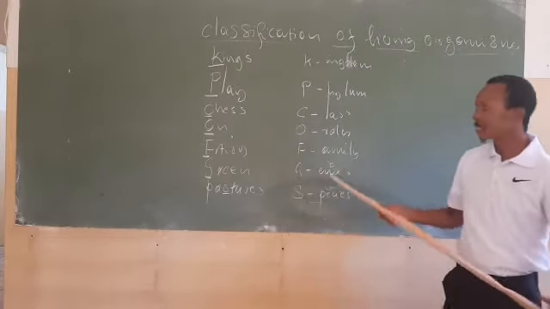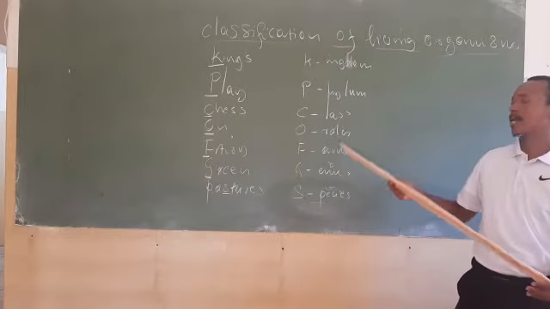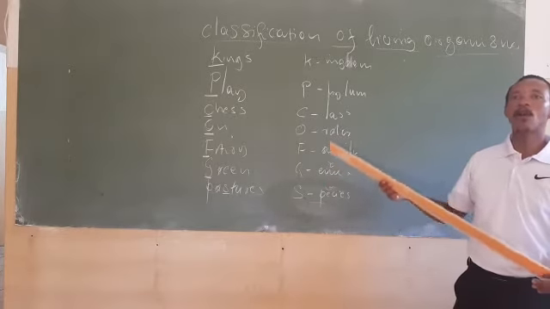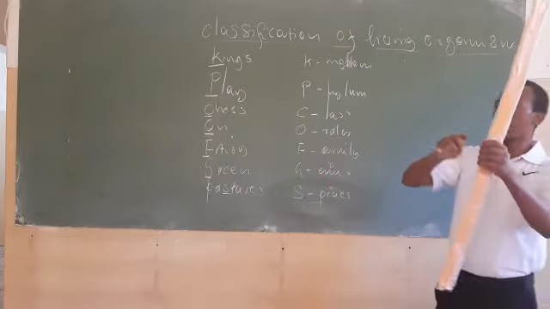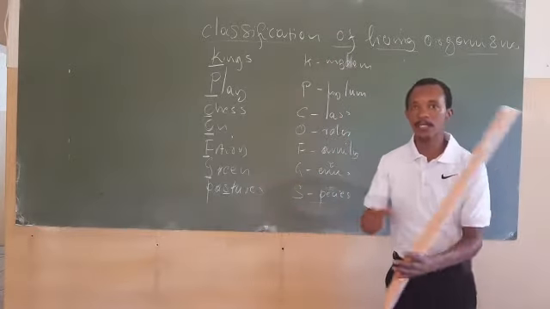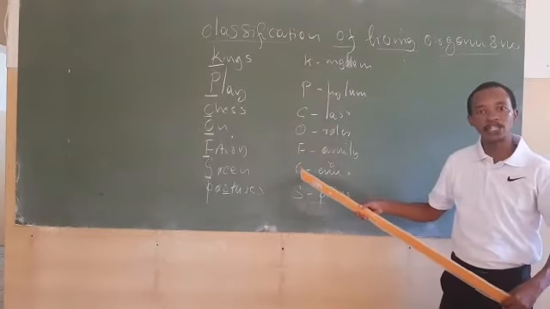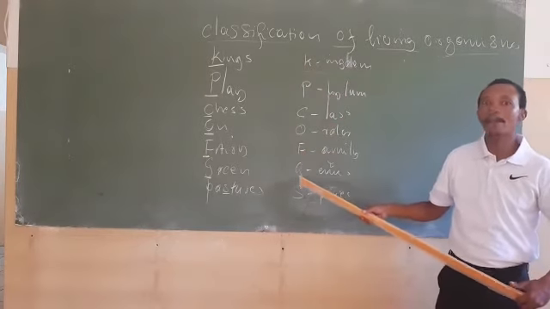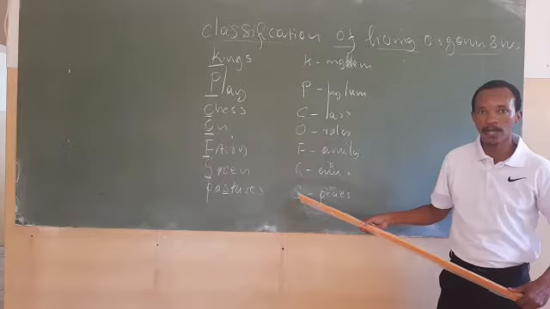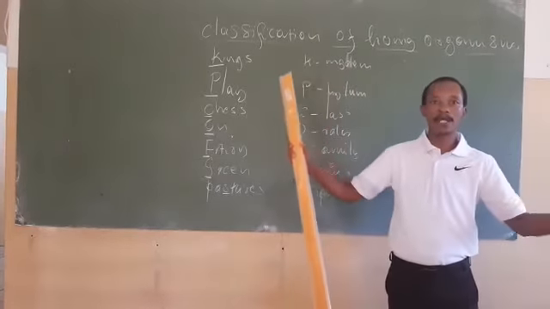Okay, then what is this? This is a way of classifying living organisms from the wider perspective into a narrower perspective. Meaning, as you go down the classification, you become more specific. The higher you go, the wider it gets.